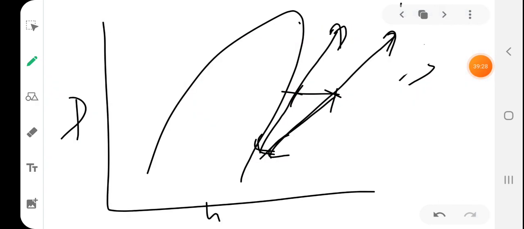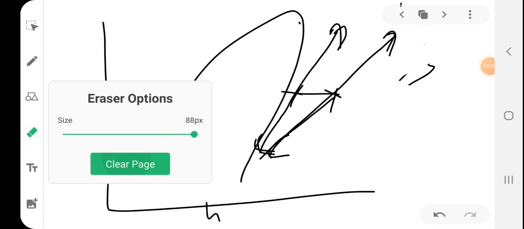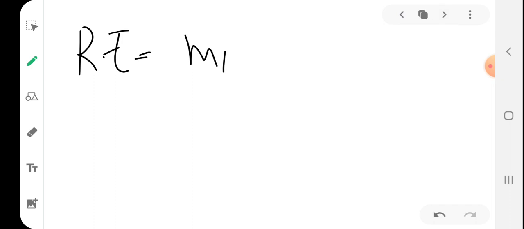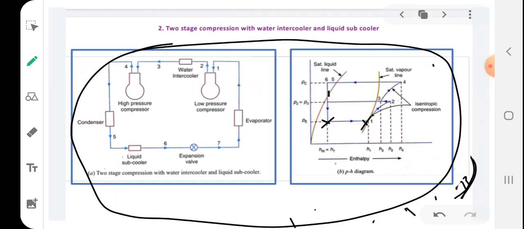So here how can you write the refrigeration effect? Refrigeration effect is nothing but m1 into h1 minus h7, right? So here no two masses are there because only one mass is there.